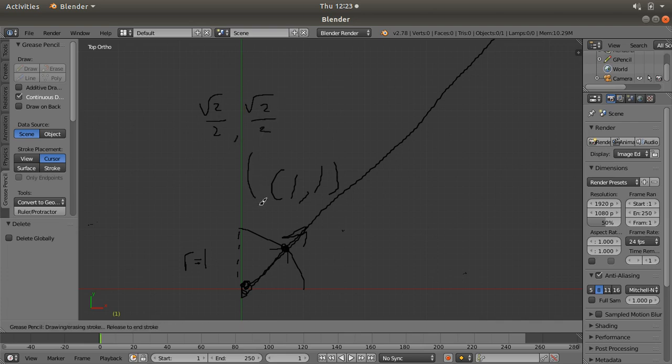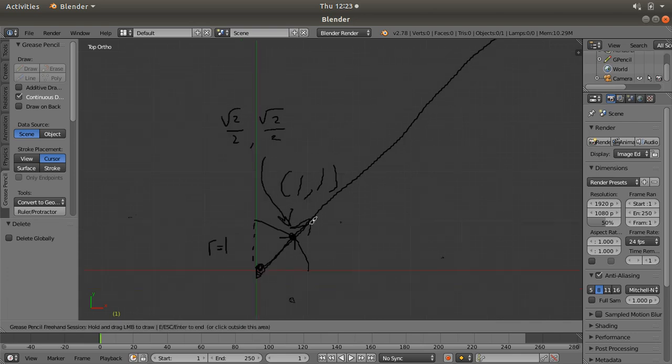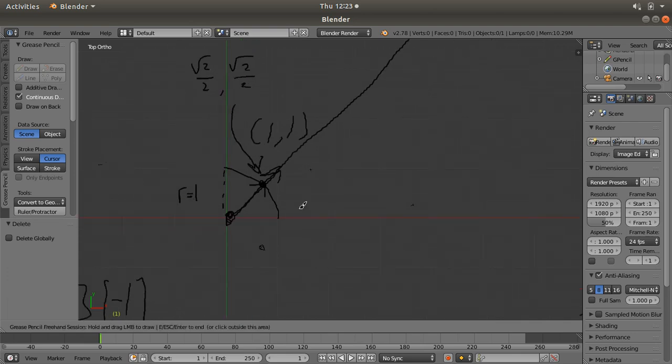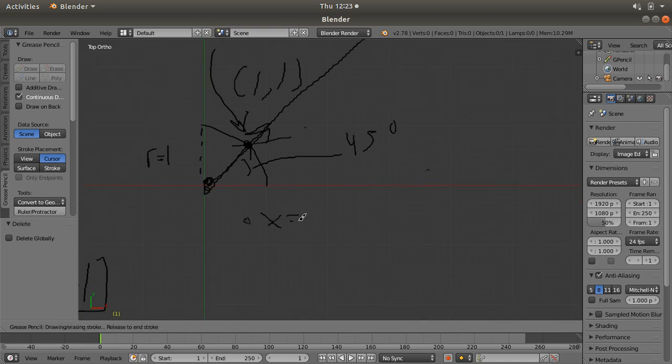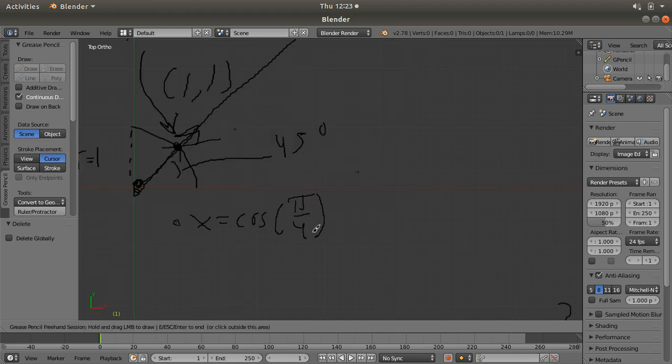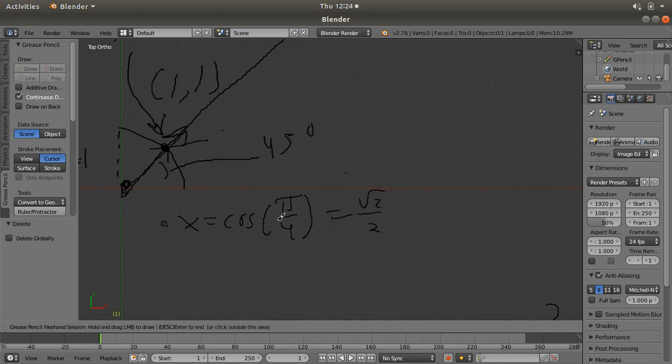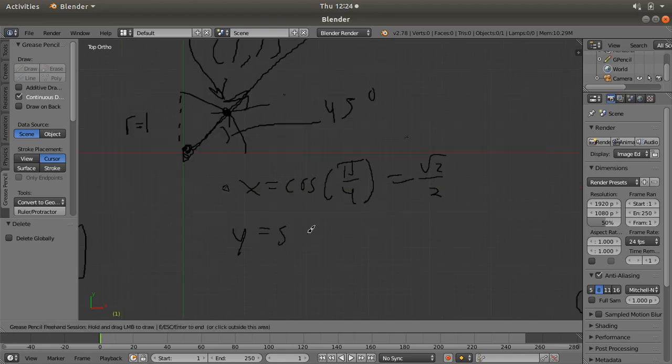And another way to find this is if we knew that the angle was 45 degrees, then to extract the x value of this point, take the cosine of 45 degrees, and you get root 2 over 2. And to extract the y, you use sine. Do the same thing.